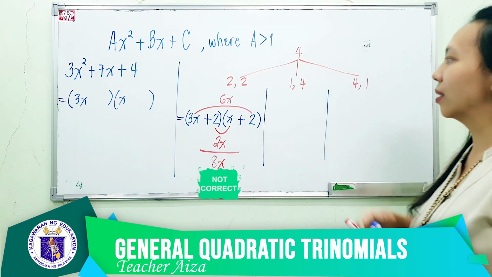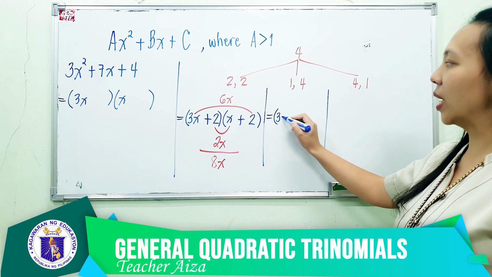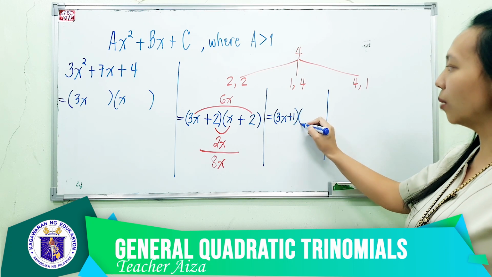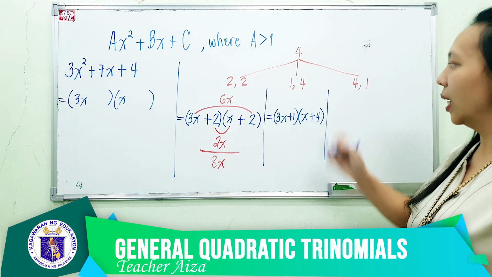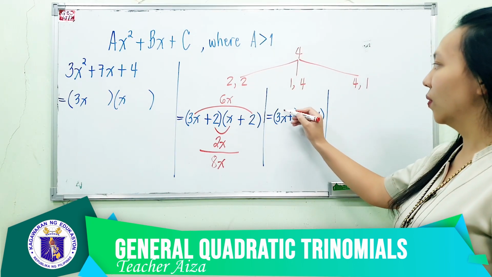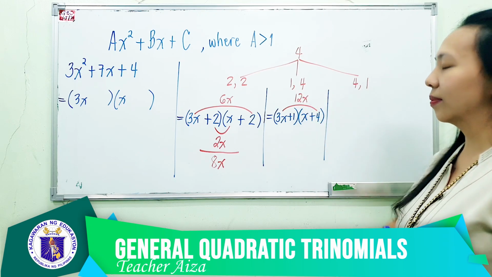Let's proceed. What about 1 and 4? 3x plus 1 times the quantity x plus 4. Let's multiply the outer terms together. 3x times 4 is 12x.